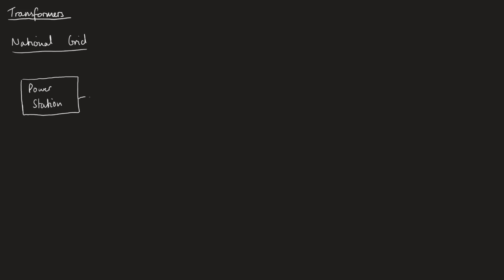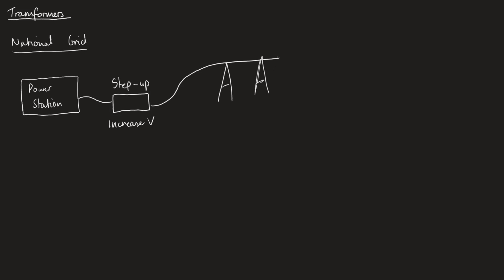Then out of the power station, it goes straight into a step-up transformer. So this is one of the two types of transformer. The purpose of a step-up transformer is to increase the voltage or increase the potential that is traveling through these wires, because from then we transport it across countries through these pylons that you see when you go on the motorway and stuff.